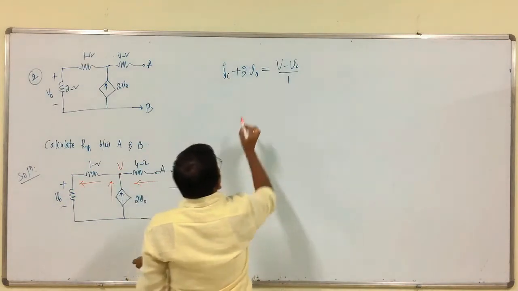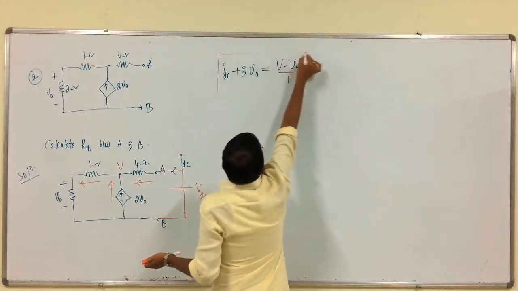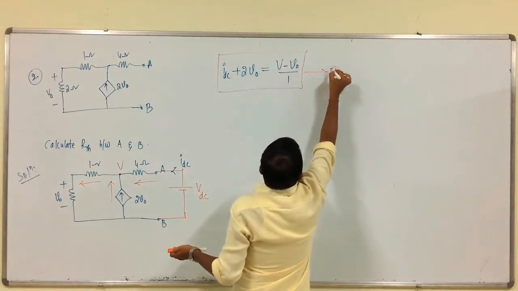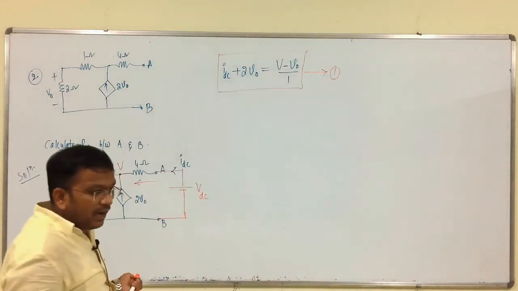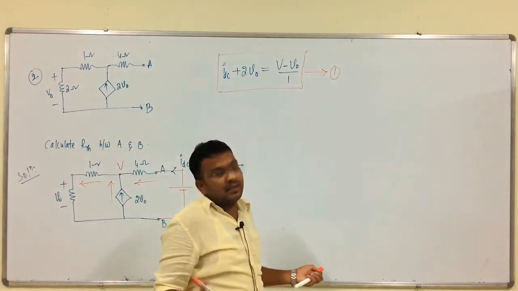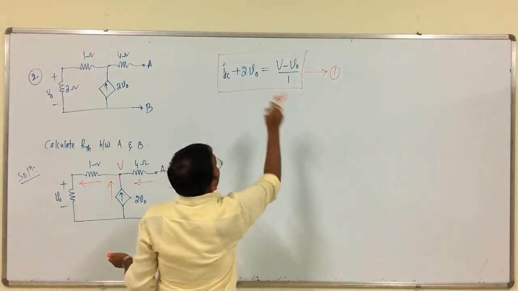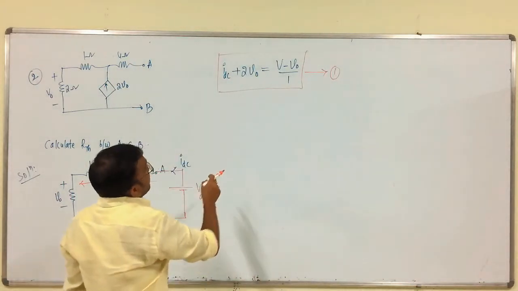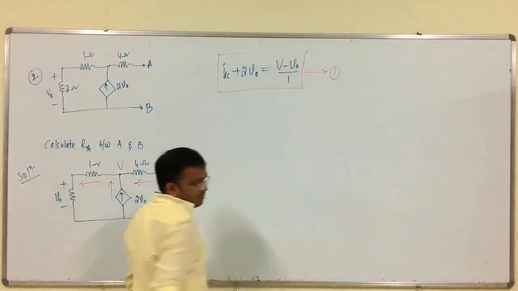So, this is one. At any case, we have to get the equation in terms of VDC and IDC. So, we have IDC, but we do not have VDC. So, in order to get VDC, we have to replace this V naught and V.